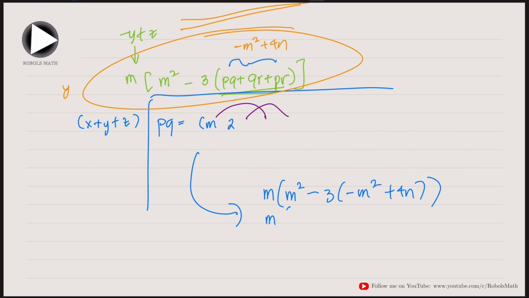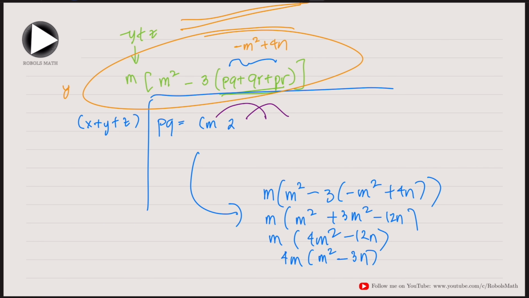I'll just simplify this one. m times m squared plus 3m squared minus 12n. Simplify again. m times 4m squared minus 12n. Factor out the 4. So we get here 4m times m squared minus 3n.